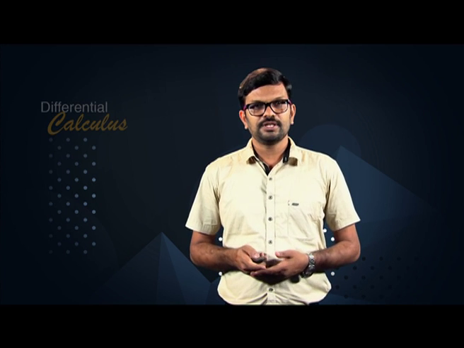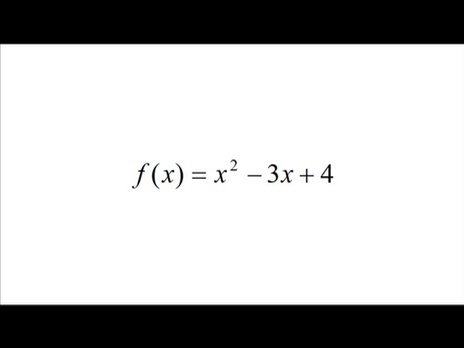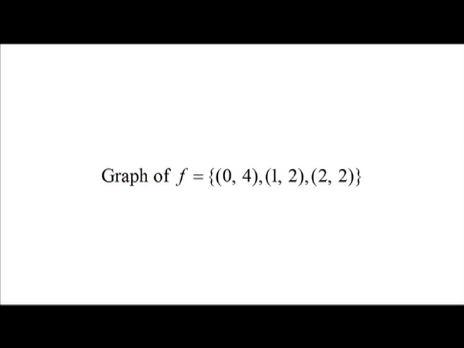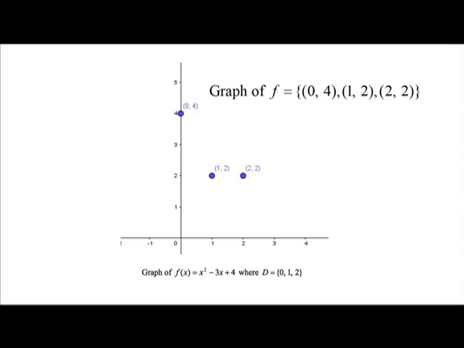For example, the graph of f(x) equal to x square minus 3x plus 4 defined on the domain D equal to {0, 1, 2} is graph of f equal to {(0, 4), (1, 2), (2, 2)}, which is a set consisting of only 3 ordered pairs representing 3 points on the plane.